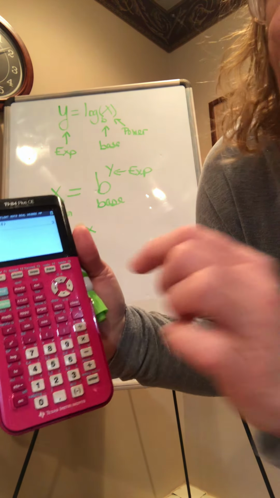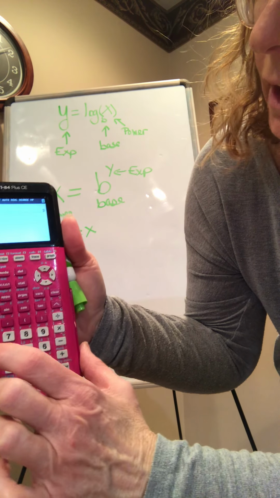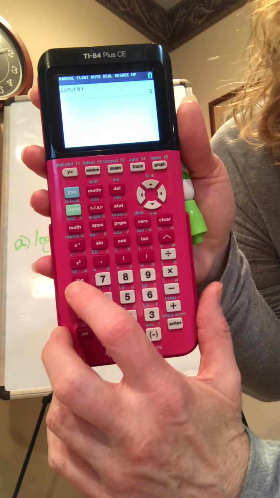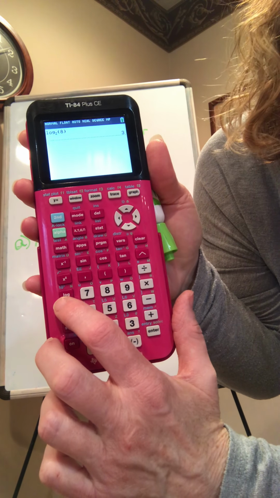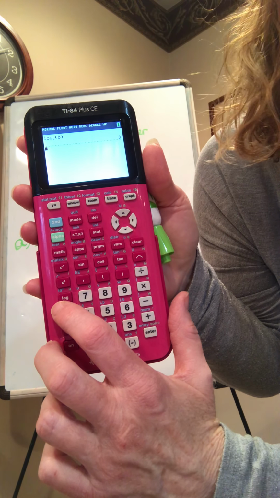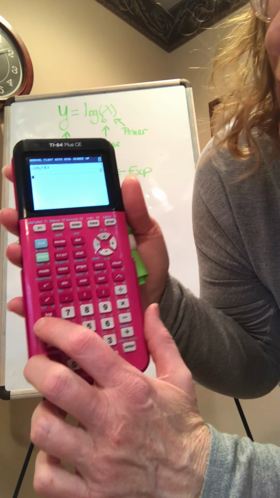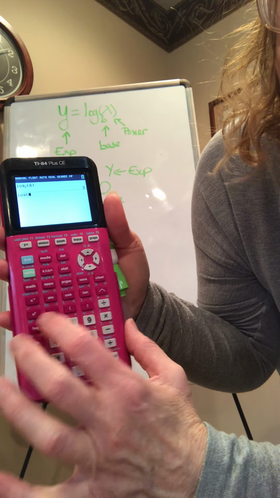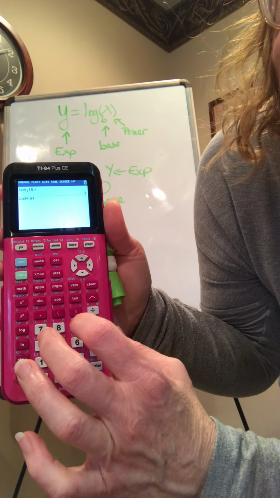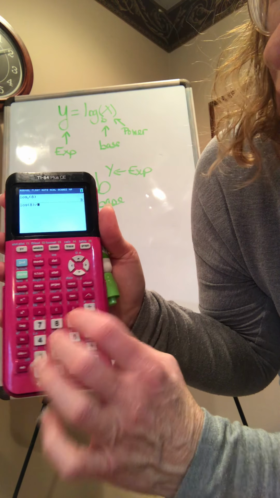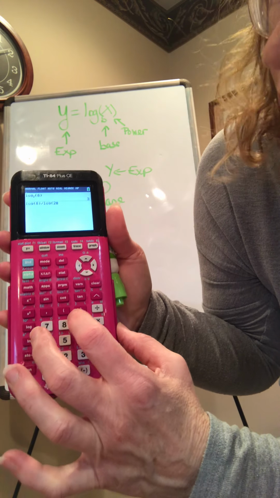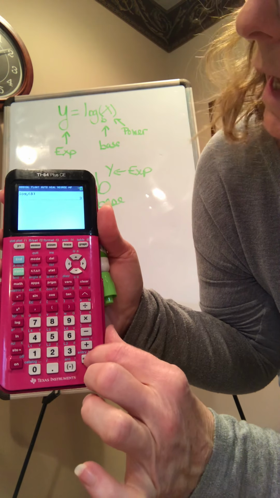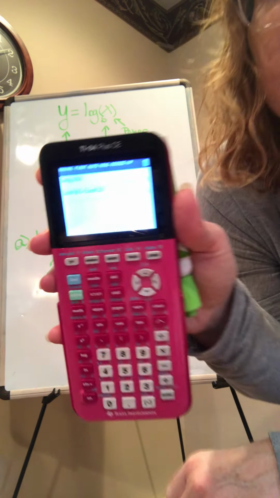Now the next thing is you can type this in using the change of base formula, which is using the common log over here. Now this is on a regular calculator, even your iPhone calculator. You can type in the log of the power, so you could type log 8, close the parenthesis, and divide that by log 2, close the parenthesis, hit enter, and you still get 3.